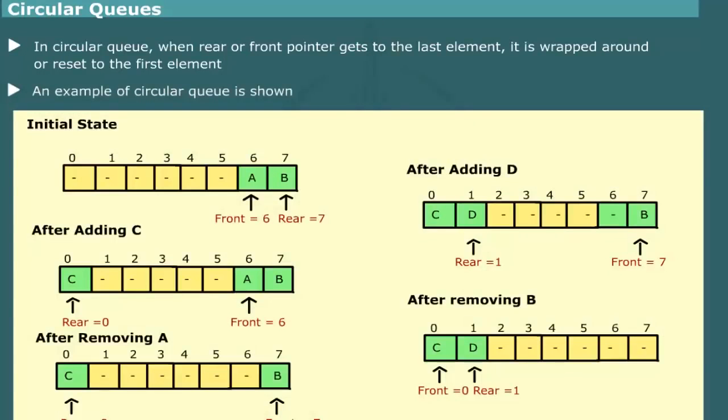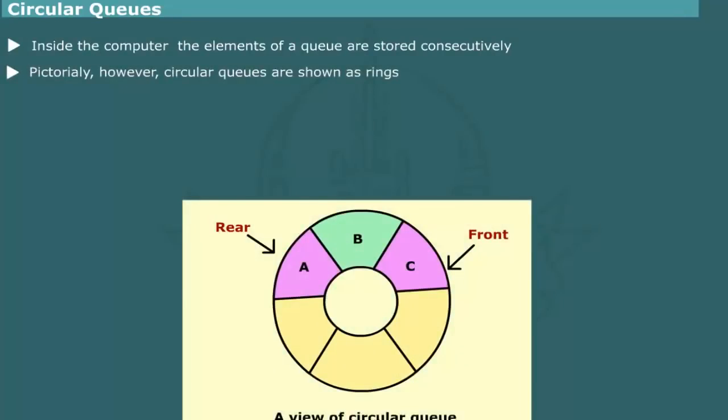An example of a circular queue is shown in the figure, which shows the initial state and subsequent states after addition and deletion of elements. Although inside the computer the elements of the circular queue are stored consecutively in a linear order, it is intuitively more appealing to display them in a circle or ring shape as shown.